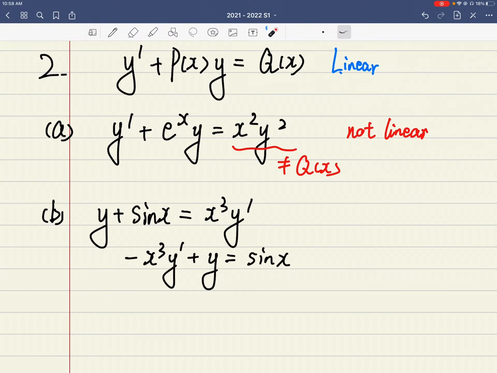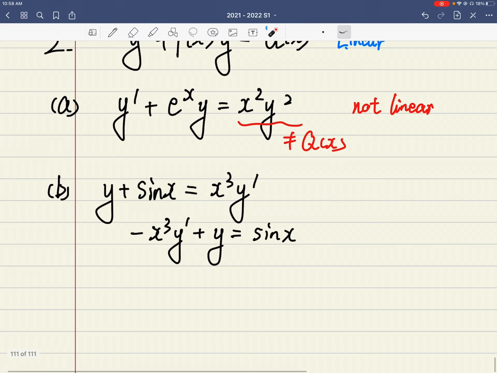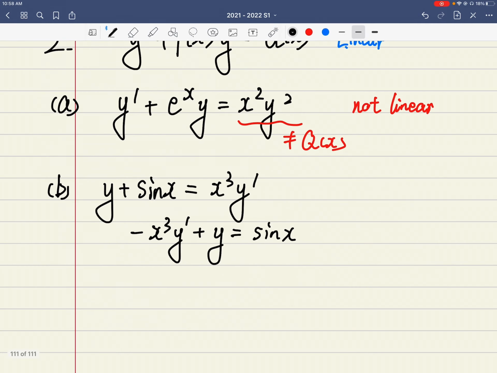So here I want nothing in front of y's derivative, so I divide both sides by negative x cubed. Right, I divide both sides by negative x cubed, I will get this. So now it satisfies the definition.